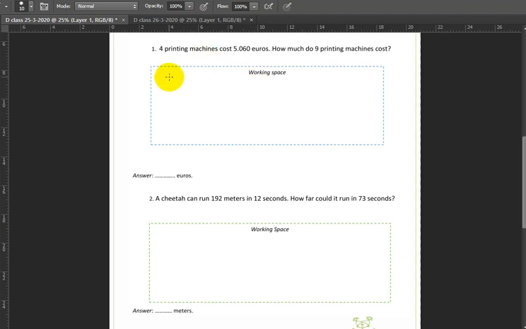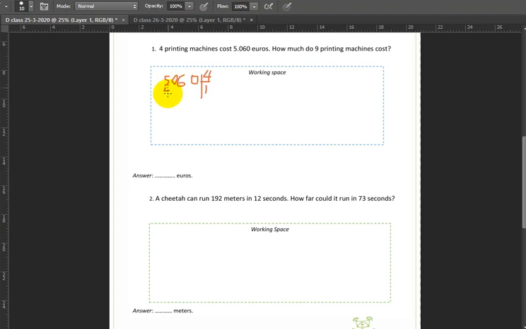So to do this, we need to do the division 5,060 divided by 4 to figure out how much one machine costs. So 4 into 5 goes once.